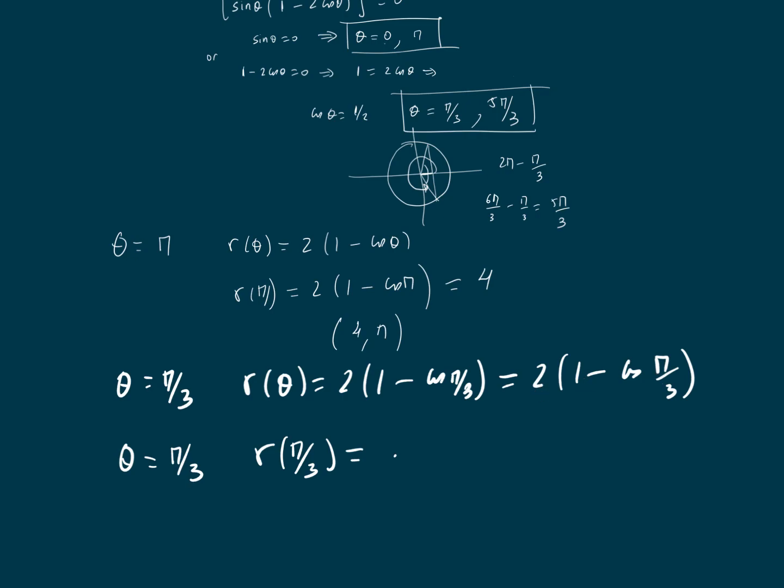So the point will be the point r equals 1, theta equals pi divided by 3. So this is the point.